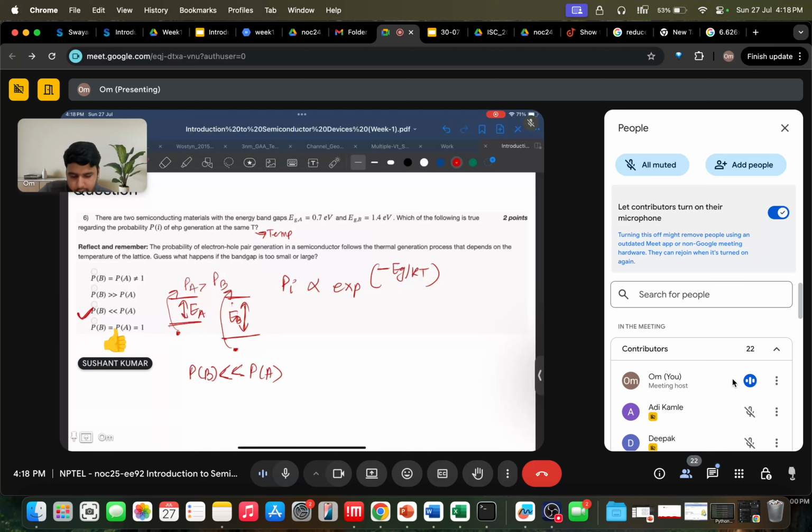This is very intuitive. Since EGB is greater than EGA, PB is less than PA.